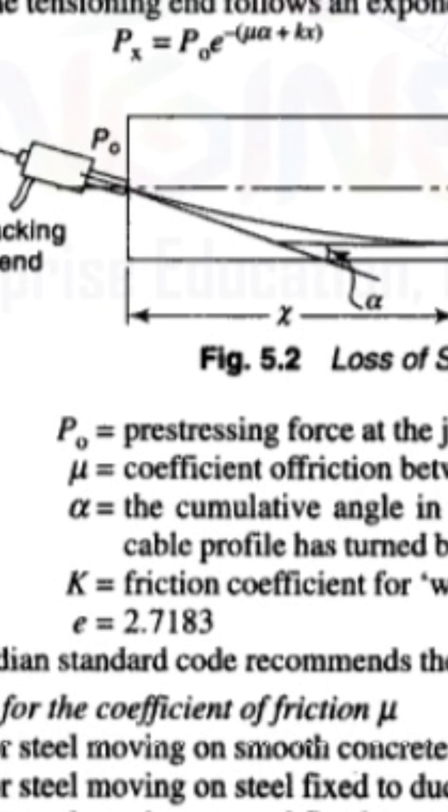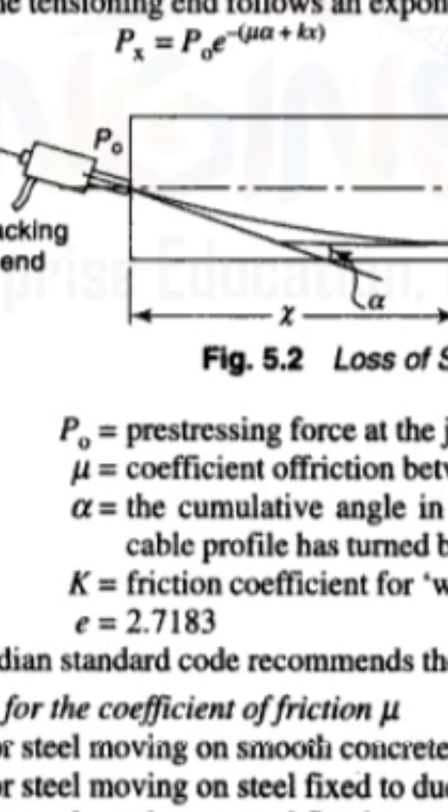K is the friction coefficient of the wave effect, and e you can take as 2.7185. So that is the formula for determining the pre-stressing forces in the Indian standard codes.